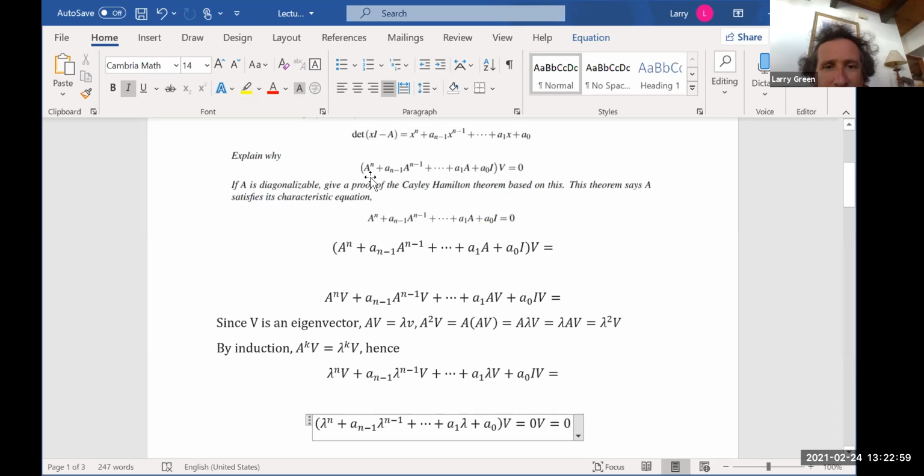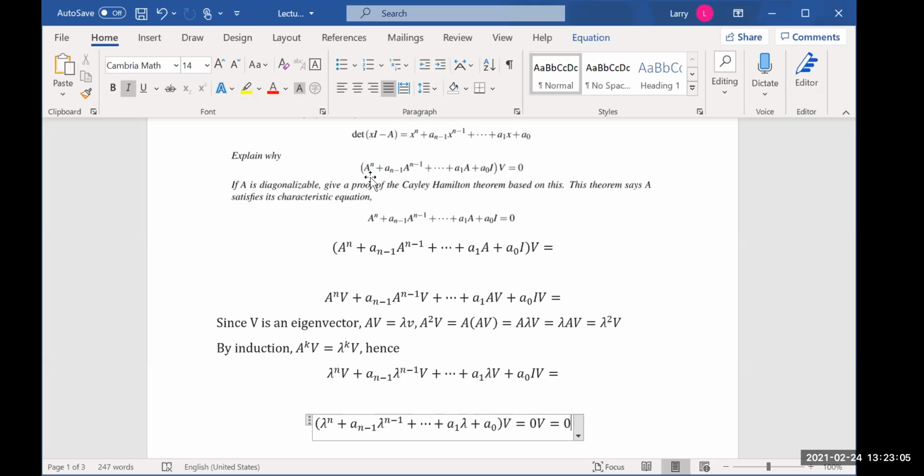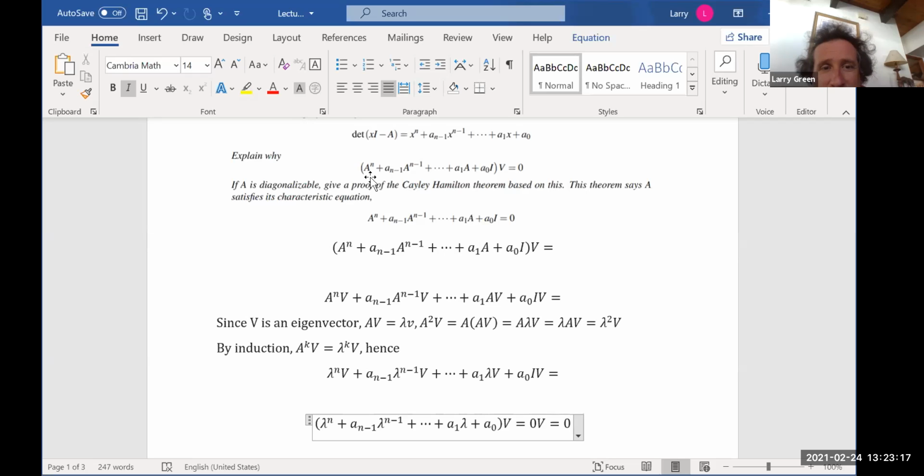So what does that tell you? That it has a number of eigenvectors that's equal to the dimension. We know that. That's true. I don't know if that's going to help, though, but it is true.